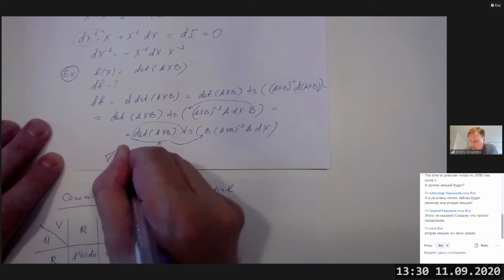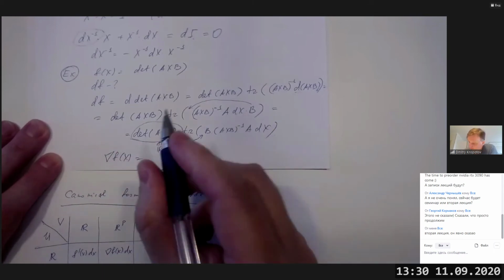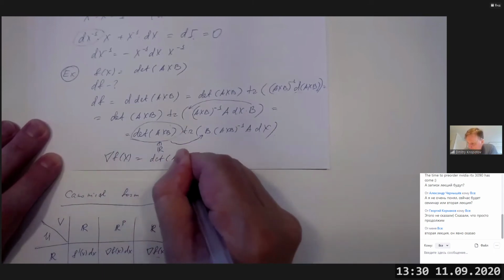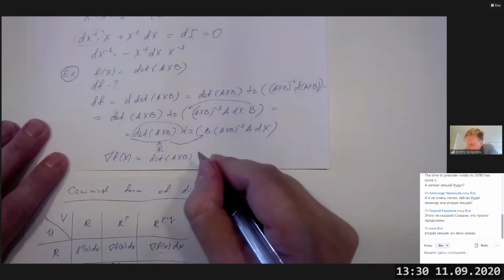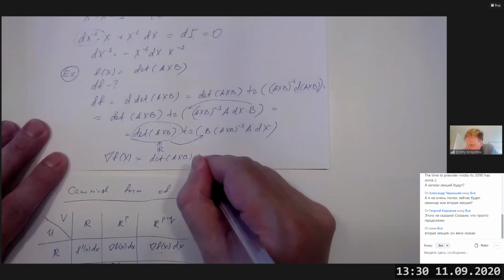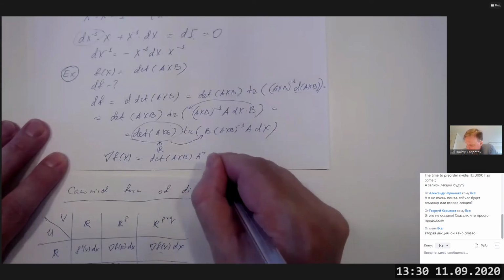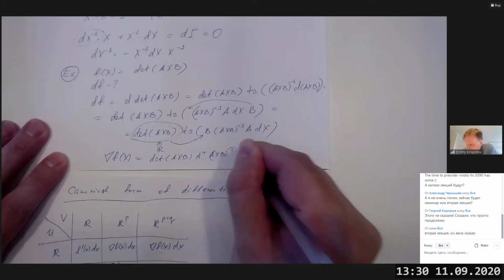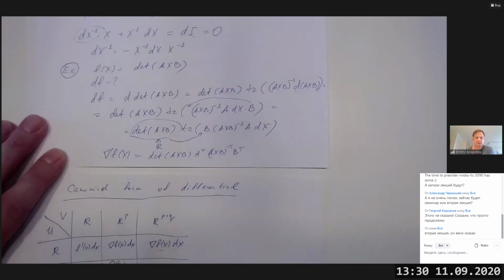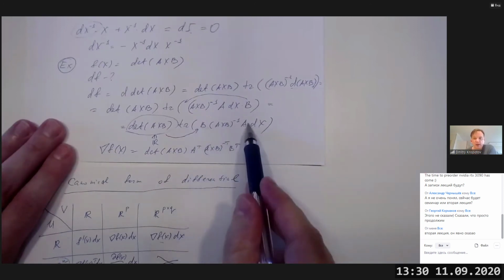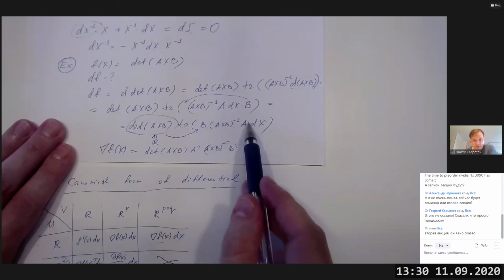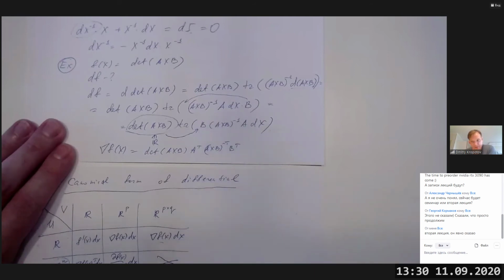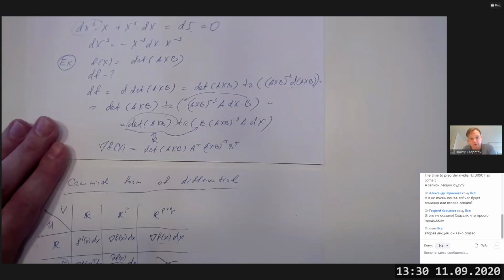So the gradient of f of x is just the determinant times A transposed X B minus transposed B transposed, because when taking the transposition of a product, we take the individual transpositions in inverse order.